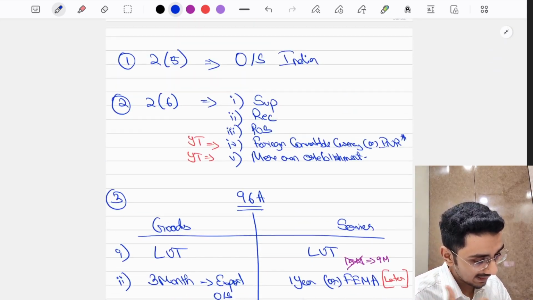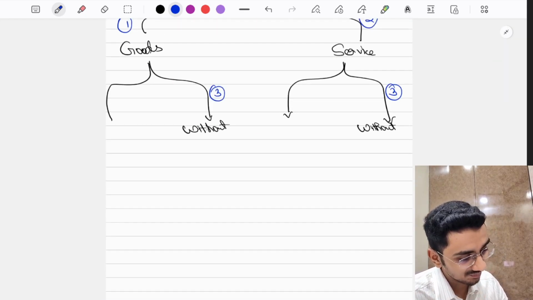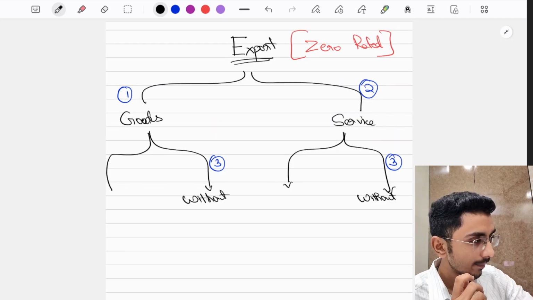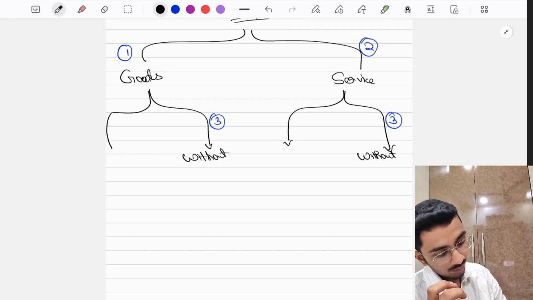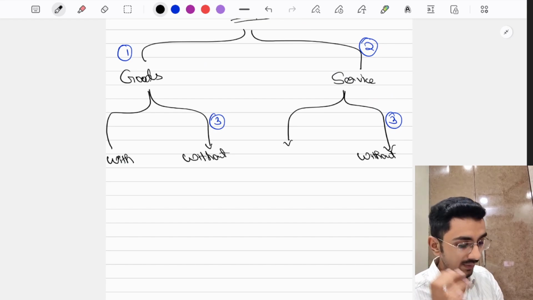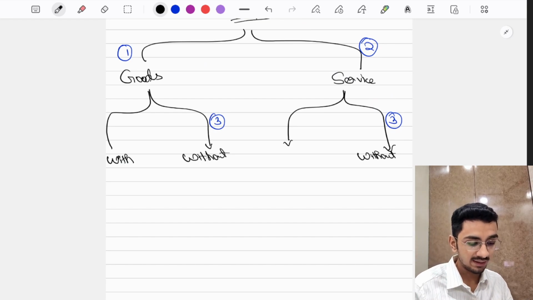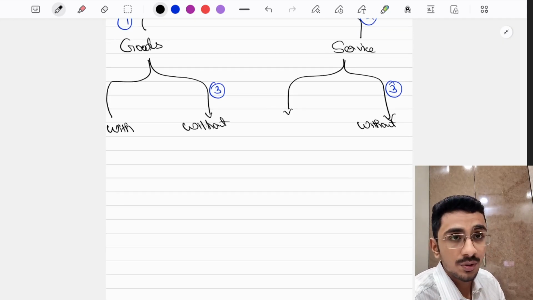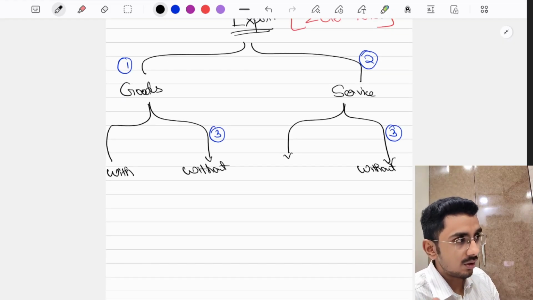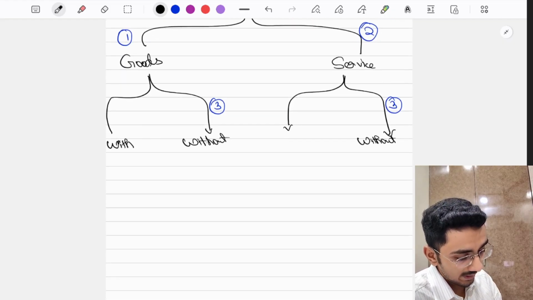Now again coming back to the chart, we all know that once everything is satisfied, we come to the next step. You can now go with the option of with payment or without payment. Let us talk about one particular option.